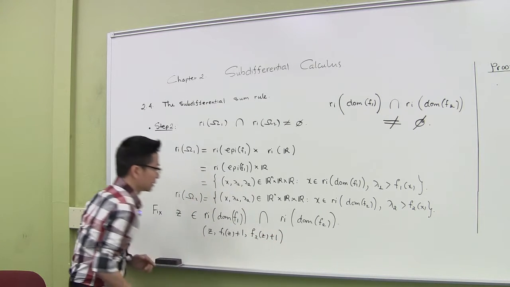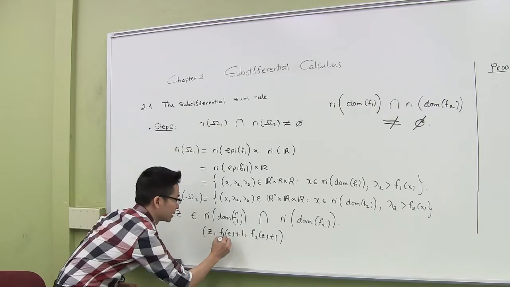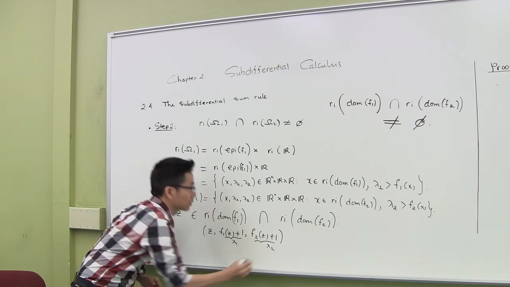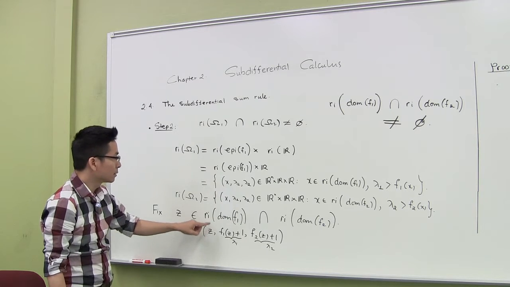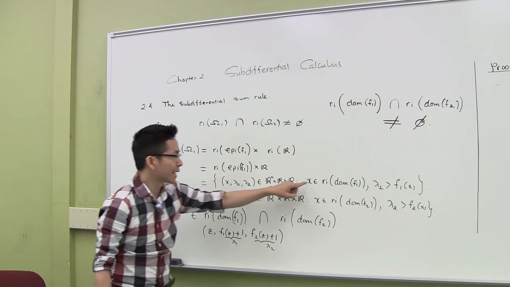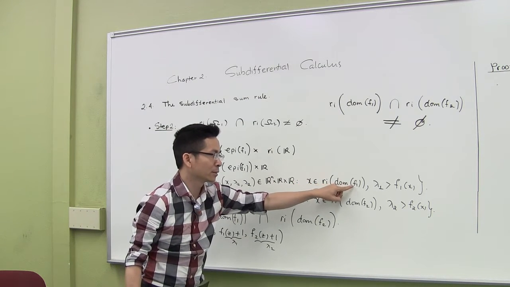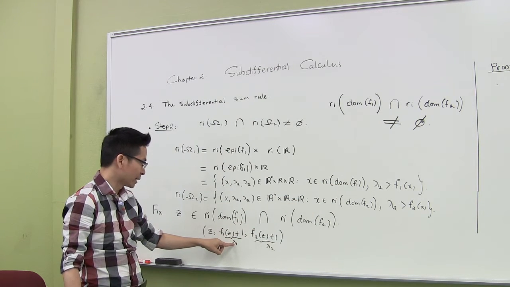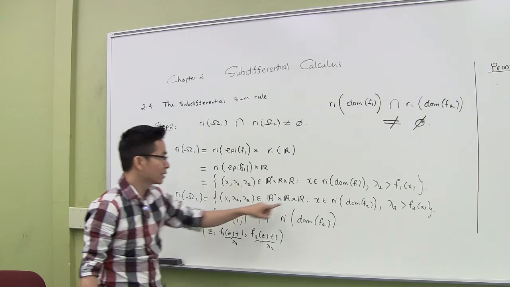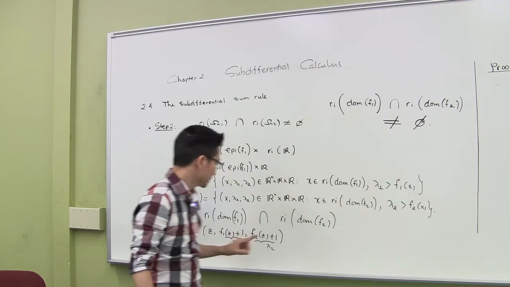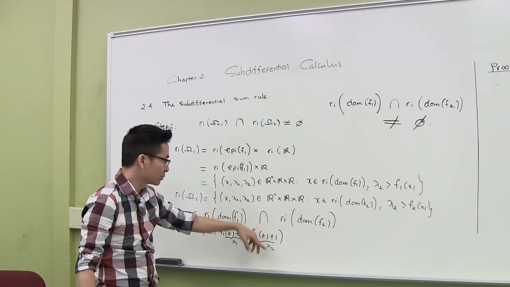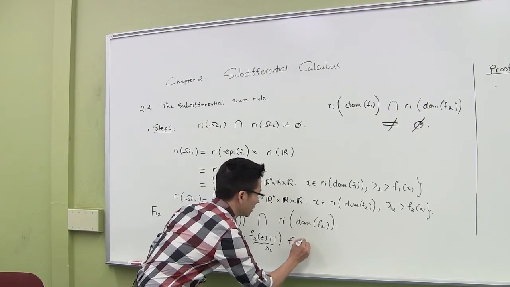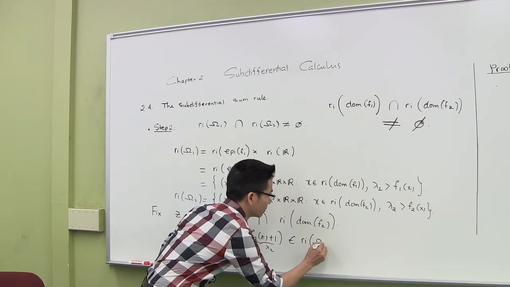Okay, then here is lambda 1, here is lambda 2, because z here belongs to the relative interior of the domain of f1, and this element lambda 1 is strictly greater than f1 of z, and lambda 2 here is arbitrary, so this one belongs to the relative interior of omega 1.